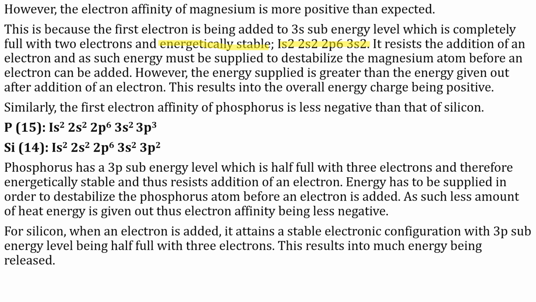Thus, energy is going to be required to add an electron to such an atom that is thermodynamically stable. So since we are supplying energy, instead of energy being released, the electron affinity is going to become positive, or endothermic, because this atom is thermodynamically stable due to having a completely filled 3s sub-energy level.